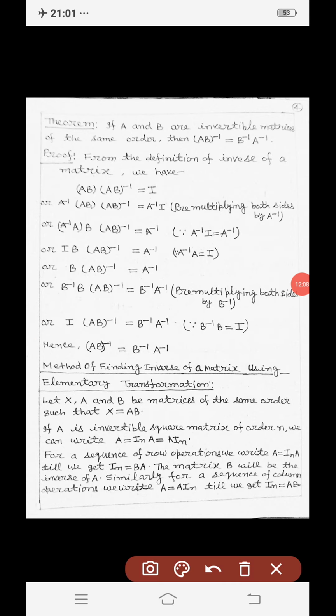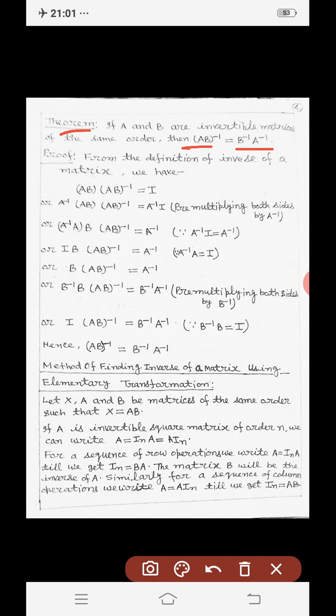One more theorem: if A and B are invertible matrices of the same order, then prove that inverse of AB is equal to B inverse A inverse.